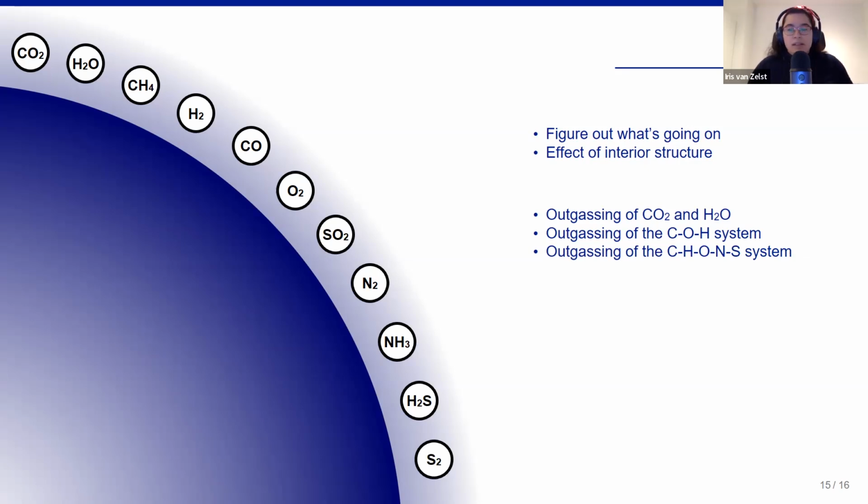But now, let's have a look at some questions for you in the next slide, because we can turn this conference around and ask you questions. So what we see in our models is we get an H2O dominated atmosphere. And the question is why? We've tried a lot. We've looked at the literature.